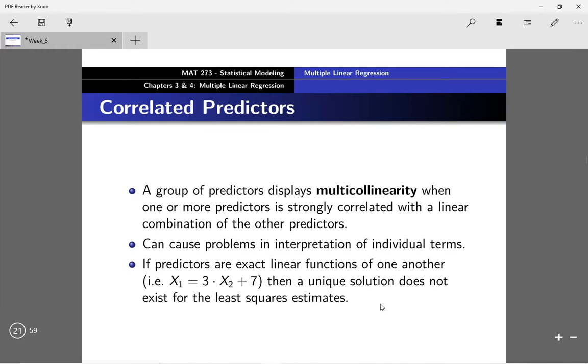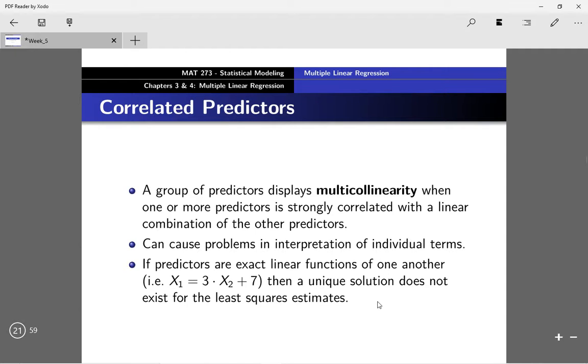So for example, when this is a serious problem is when explanatory variables are, say, exact linear functions of one another. So if we had x1 is equal to 3 times x2 plus 7, so this is a linear function of x2, then actually a unique solution doesn't even exist for the least squares estimates, essentially for the regression estimates that R obtains.